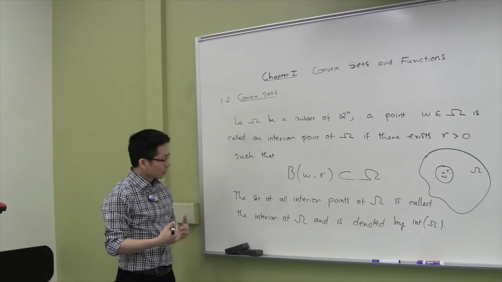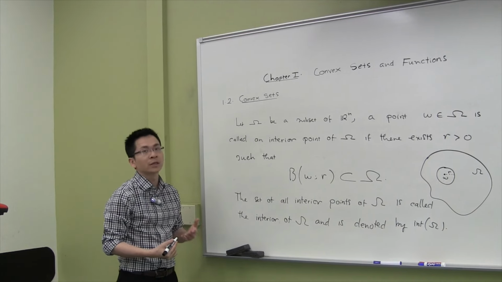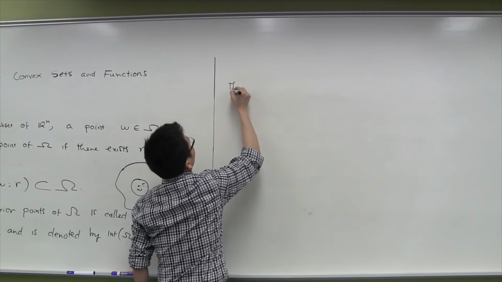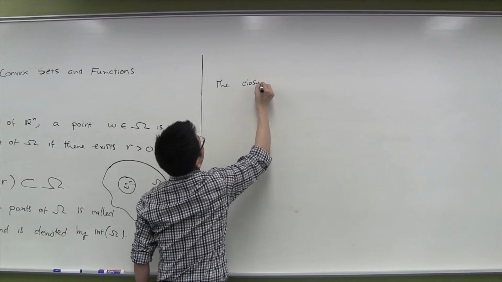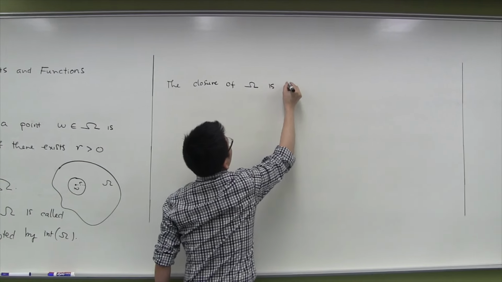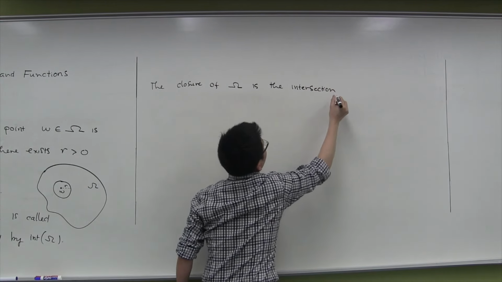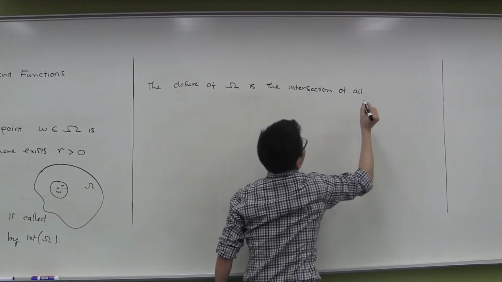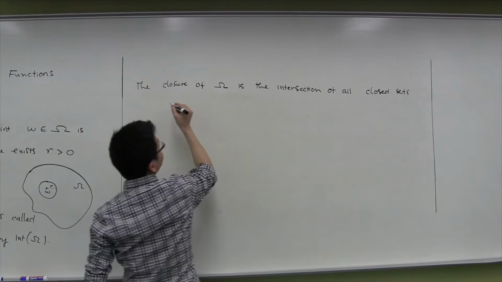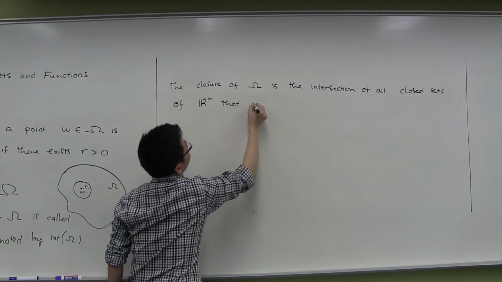I'm going to recall another important concept called the closure of a set omega. So the closure of omega is the intersection of all closed sets of Rn that contains omega.